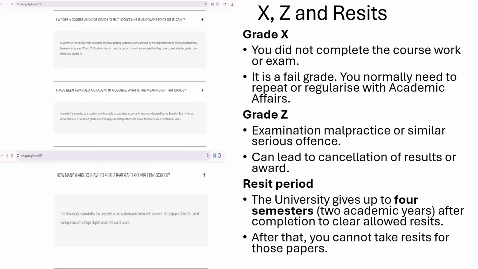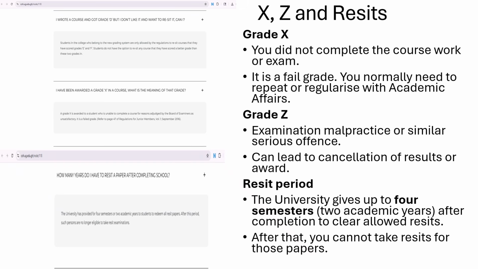So the next question we're going into: he said, I wrote a course and got grade D, but I don't like it and want to reset it. Can I? This I'll tell you, no. I remember in the first semester when Dr. Florence was asked that, someone said, I want to write a reset, I had a D, and she said, no, you can't do that.